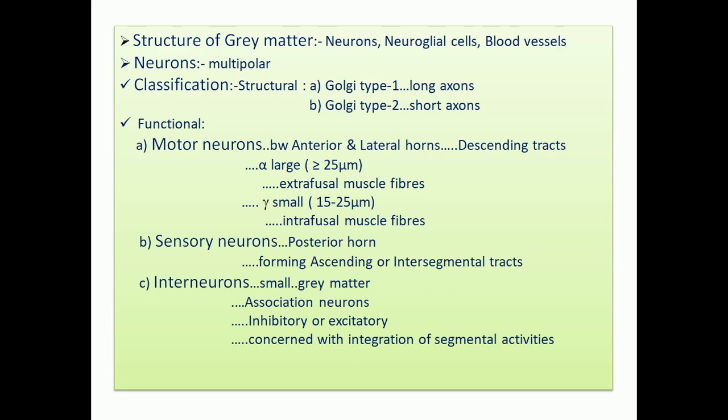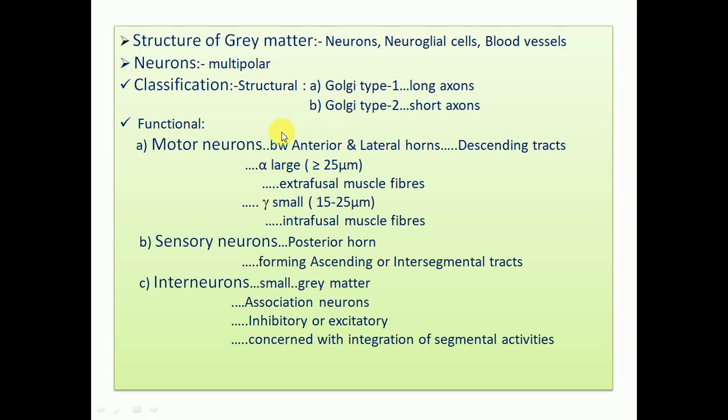Structurally they are divided into two parts, Golgi type 1 and Golgi type 2. Golgi type 1 has a long axon that can leave the grey matter and form the anterior nerve roots or nerve tracts, while Golgi type 2 has a short axon that remains within the grey matter as intrasegmental or intersegmental neurons.